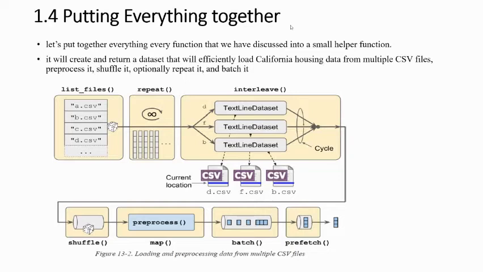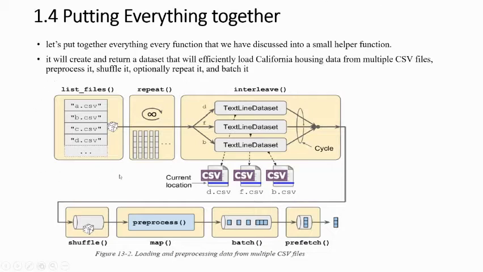All these are the methods that we have used earlier. Now we are going to combine all of these and frame one function. So before writing the function, let's understand this diagram with respect to the California housing datasets.